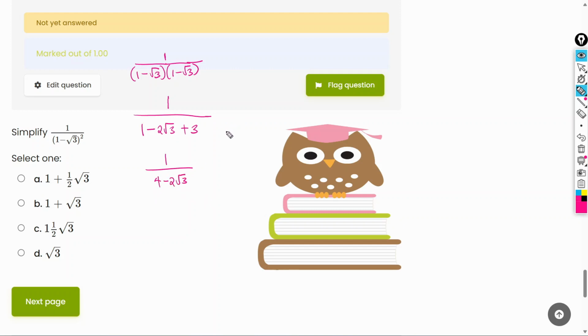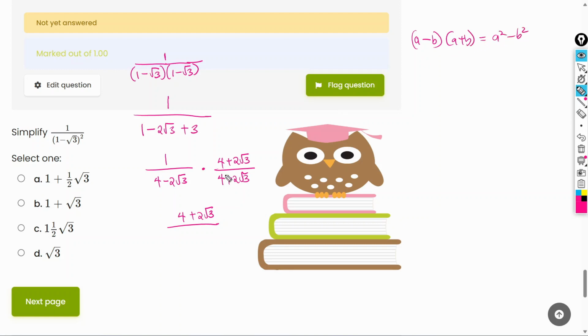Alright, the next thing is we need to rationalize, so I'll multiply top and bottom by the conjugate of the denominator. I'll multiply top and bottom by 4 plus 2 root 3. Multiplying that gives me 4 plus 2 root 3 on top, and at the bottom I can use difference of 2 squares, because I have a minus b times a plus b would give me a squared minus b squared.